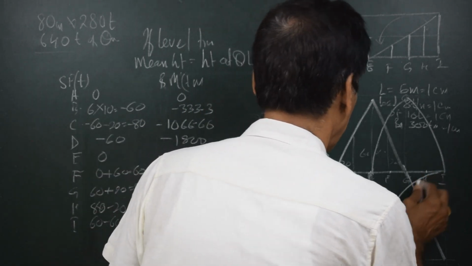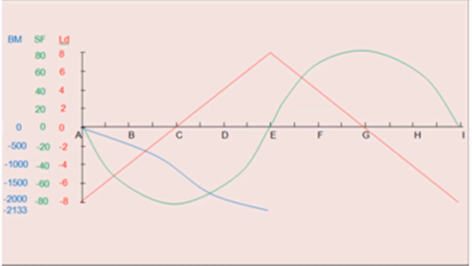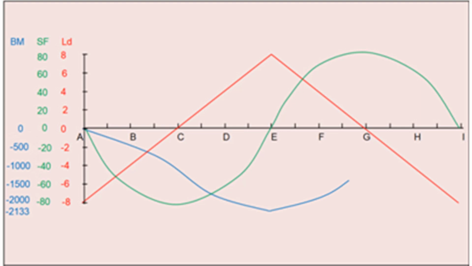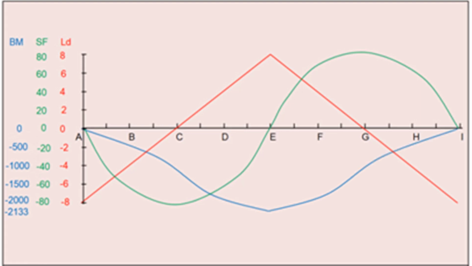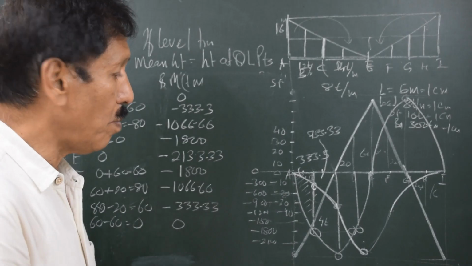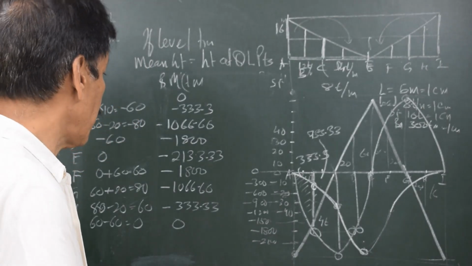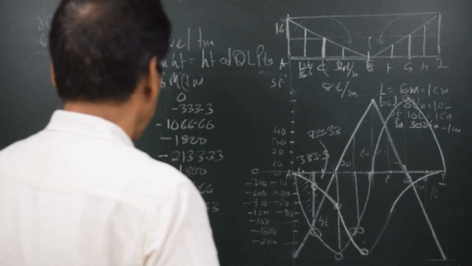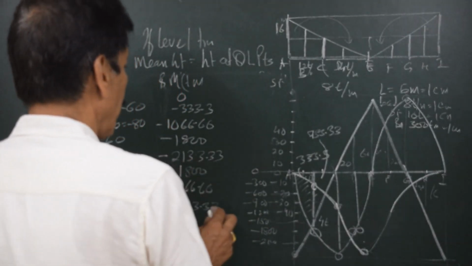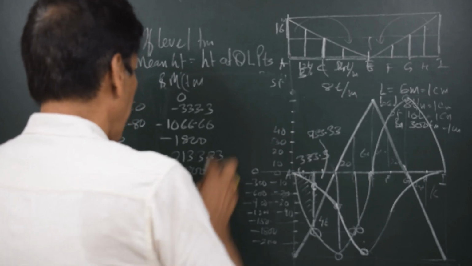The entire bending moment curve appears to be hogging. The ship is hogging. The entire BM curve is on the negative side, and as per our convention, the negative bending moment is hogging. So the maximum bending moment that is experienced by the barge is 2133.33 tons meter, right?